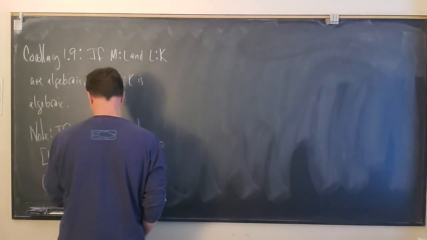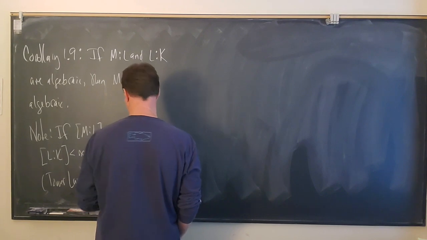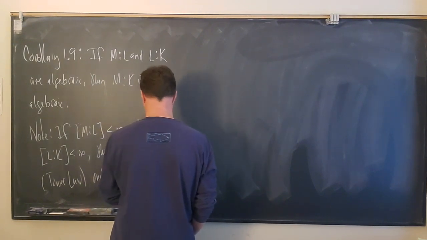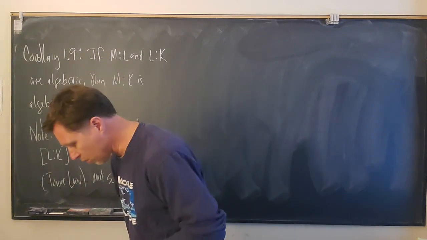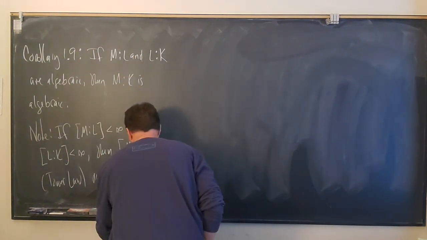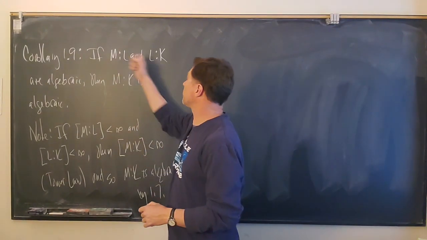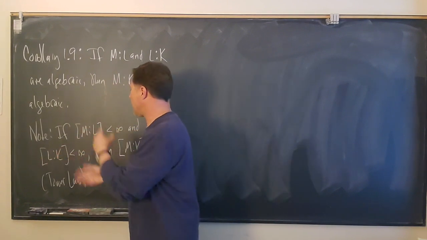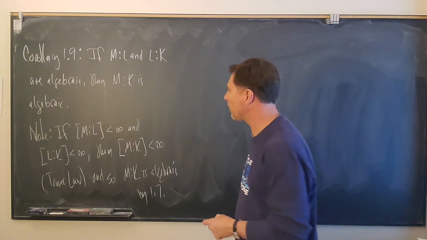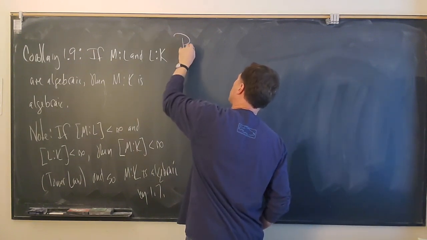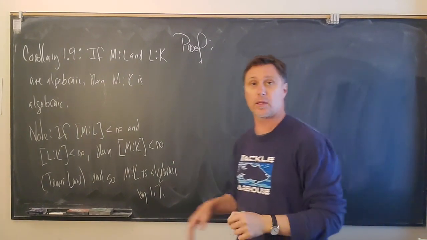And so M over K is algebraic by, what theorem is that? 1.7. Right, so in the case that if these are finite, then we know that this is finite, and so that forces this one to be algebraic. That was our original theorem. But now let's actually do the proof in general, where we don't make any assumptions about finiteness in the proof.